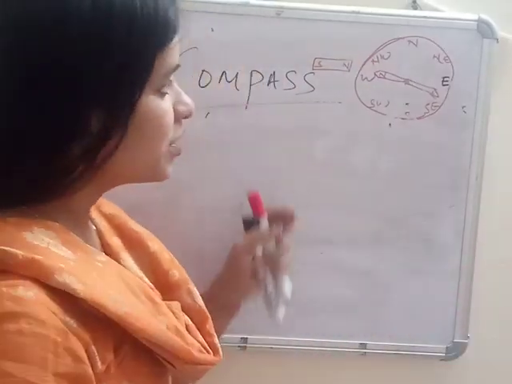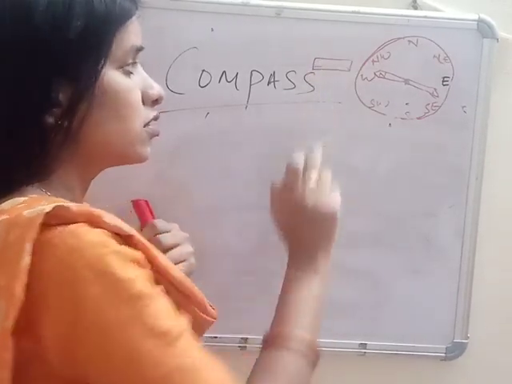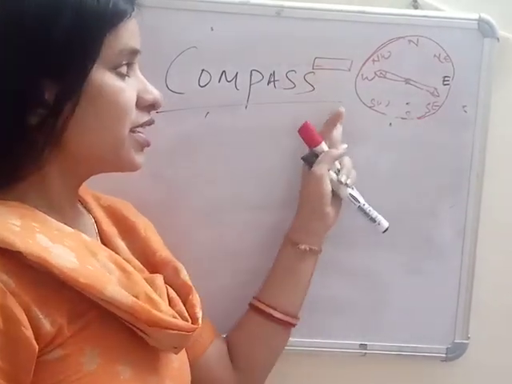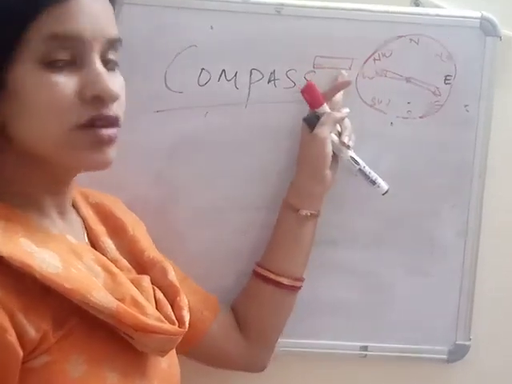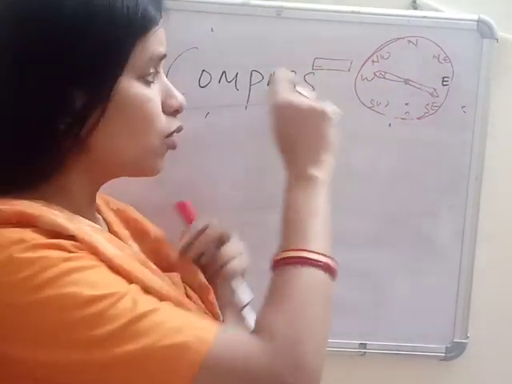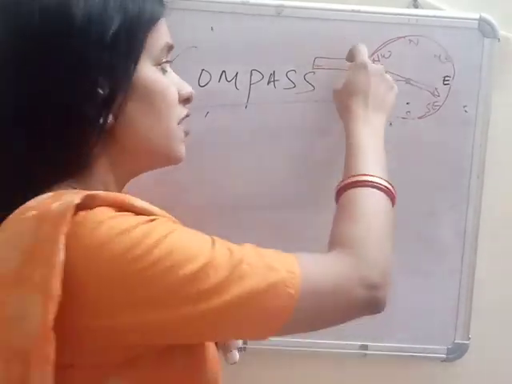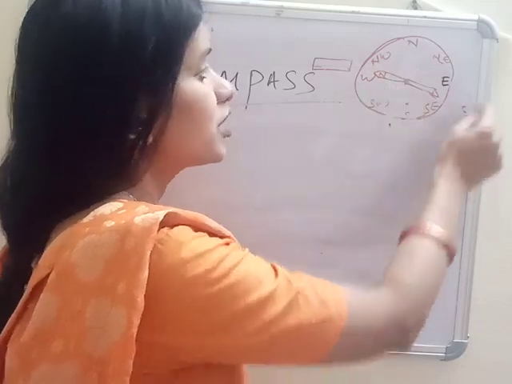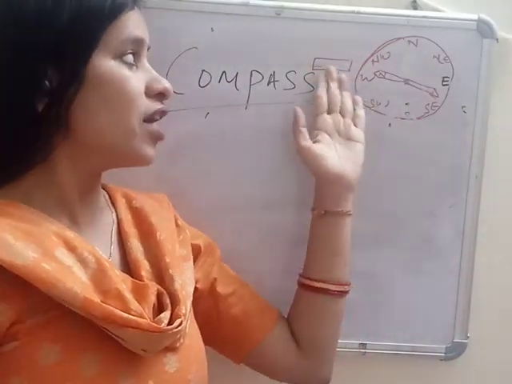And if I bring a magnet where the north and south pole is not written, then the part of the magnet to which the needle's north end points becomes your north pole. And if you rotate it like this, the needle will rotate the same way, because the magnet also has two poles.